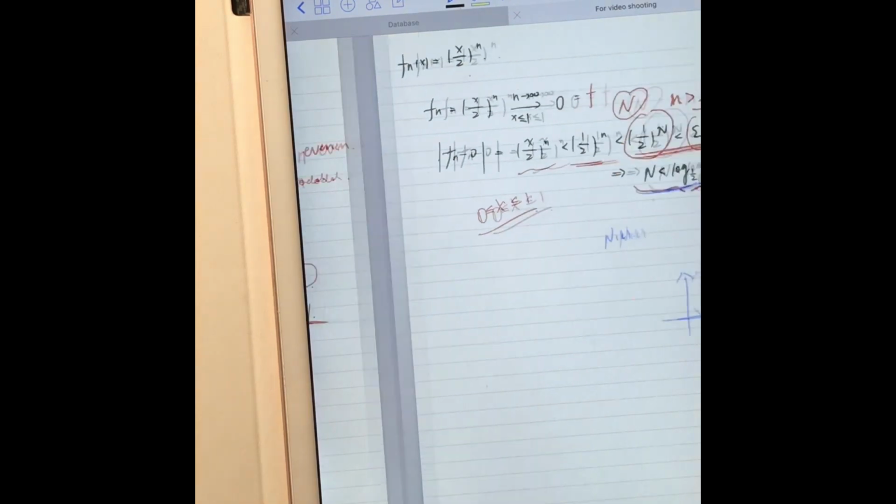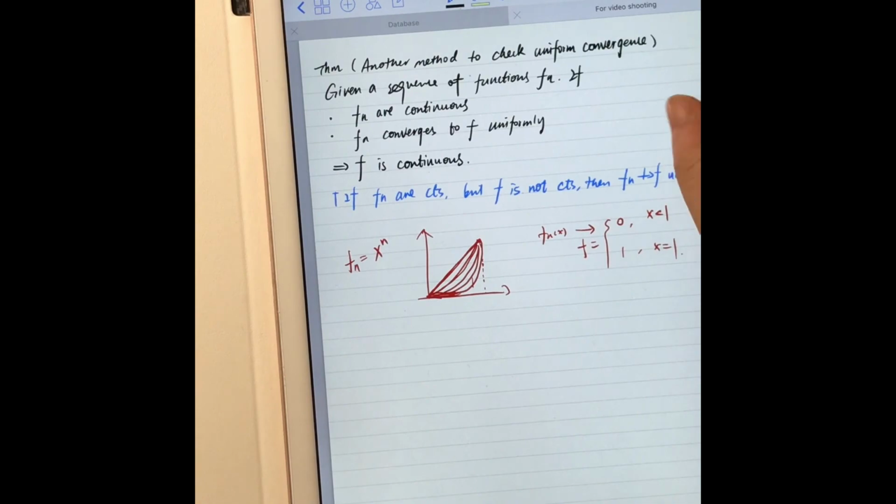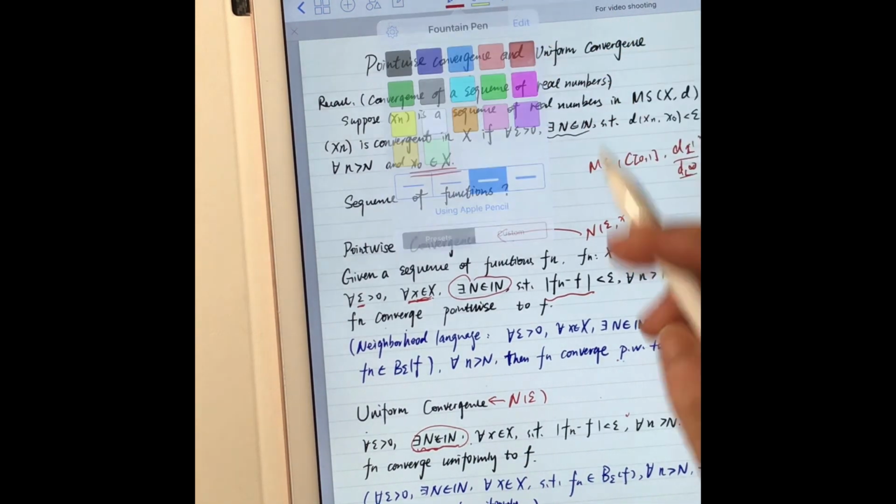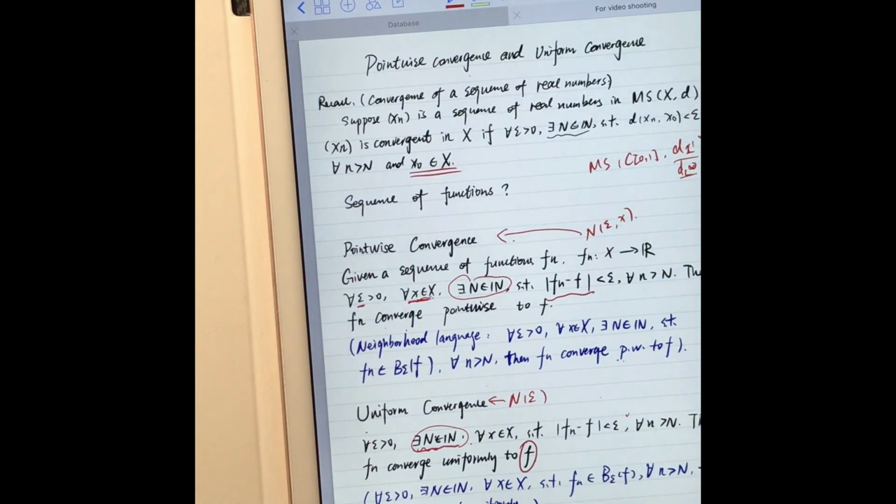So I think this is what I want to talk about in this video about uniform convergence and pointwise convergence. Actually, in uniform convergence we have a lot of other theorems discussing what kind of function the sequence of functions is converging to.